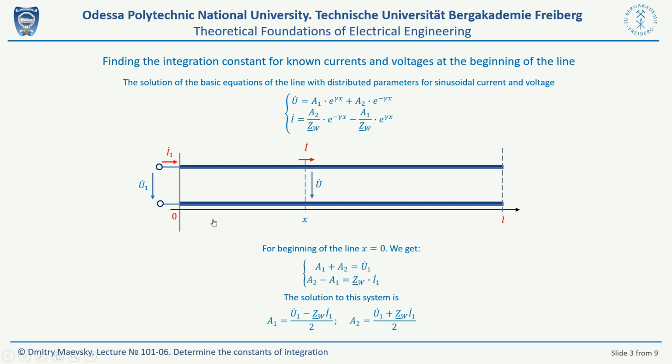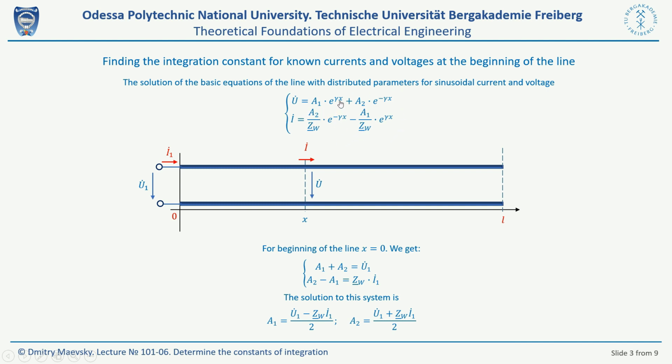Let us know the current and voltage at the beginning of the line. Let's denote them as I1 and U1 respectively. Consider the system of equations for currents and voltages in the line.